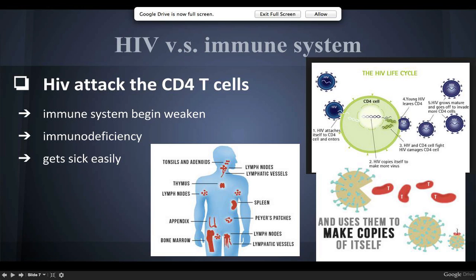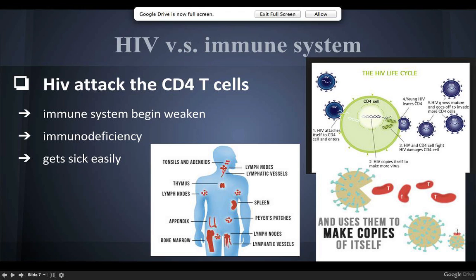CD4 T cells play a really important role for the immune system, and since HIV got into the cells, it will start to use the CD4 T cells to copy itself to produce more. But wait, I have to explain one thing.